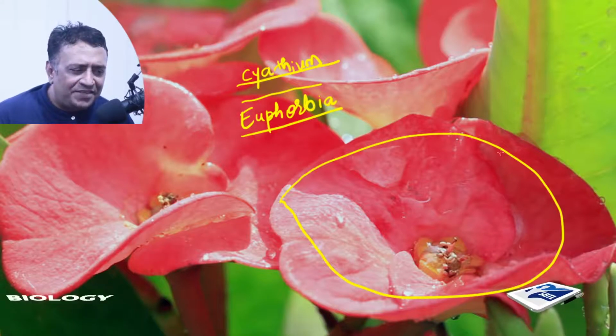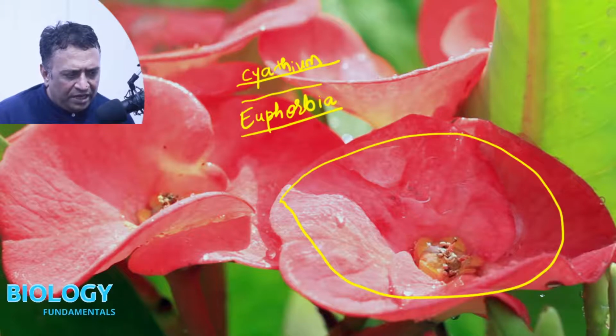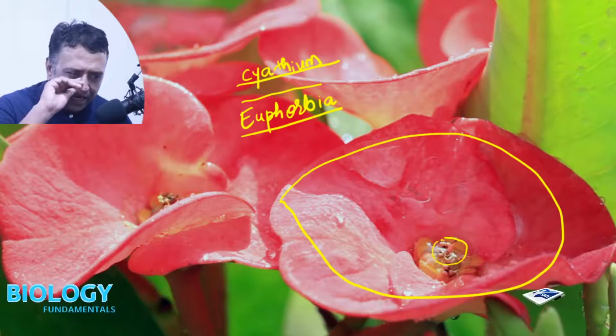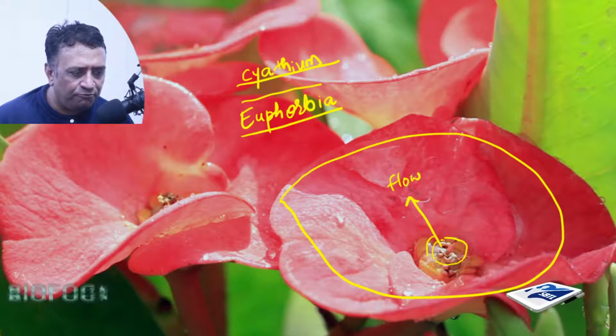And this cyathium inflorescence has flowers which are confined to this region only. Both male and female flowers are confined to this central portion only. Here are the flowers.